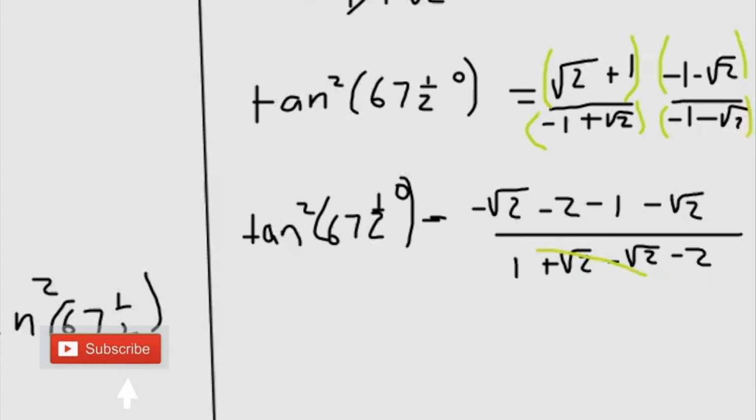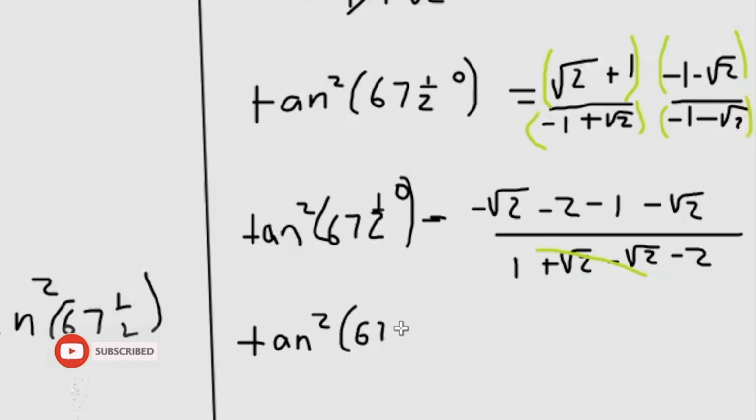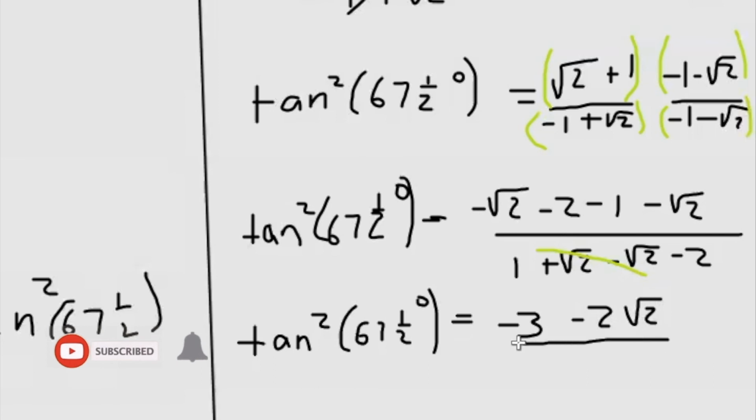So let us simplify what I have here. So I have tan square 67.5 degrees is equal to, let's work out this first, minus 2 minus 1, that's minus 3, minus root 2 and minus root 2 is like saying negative 1 minus 1 is minus 2, so I have my minus 2 root 2.